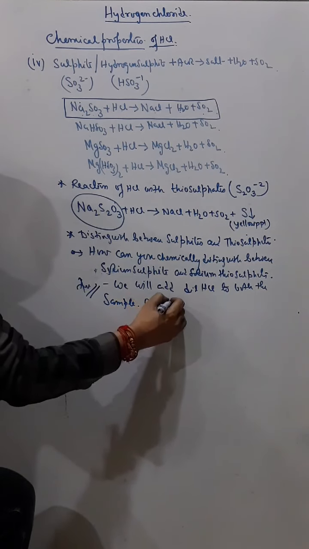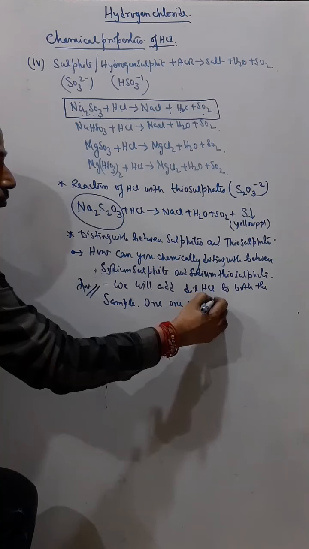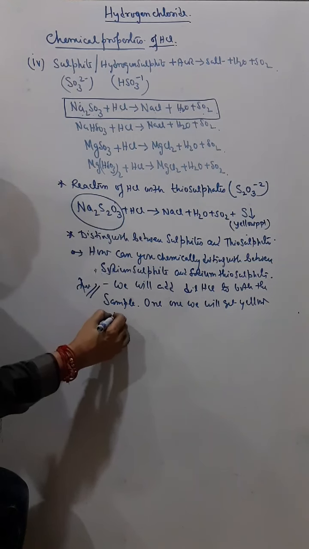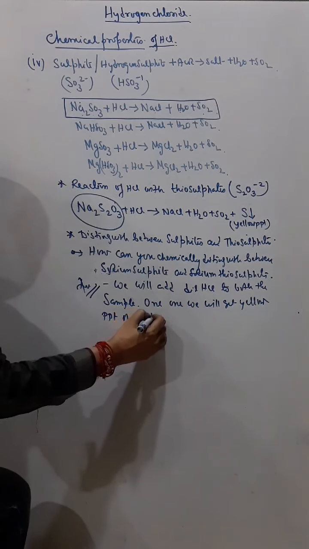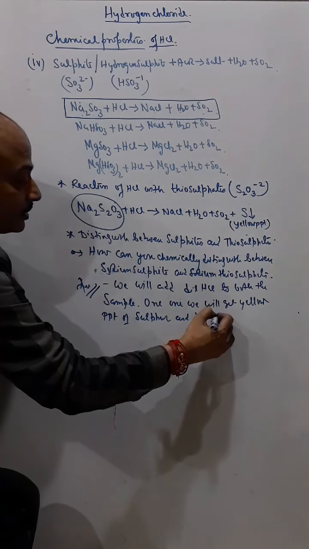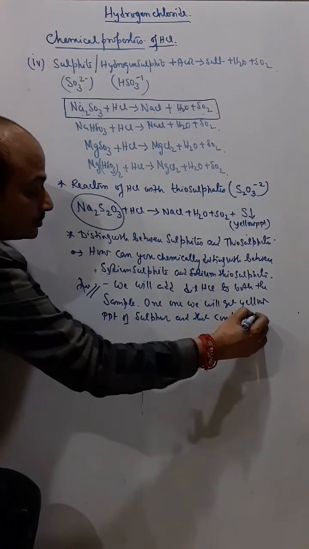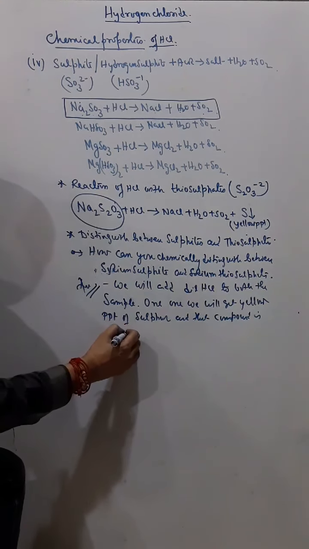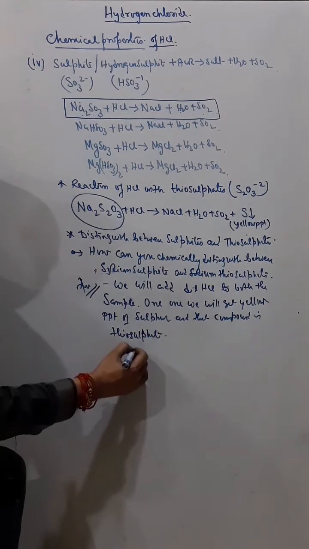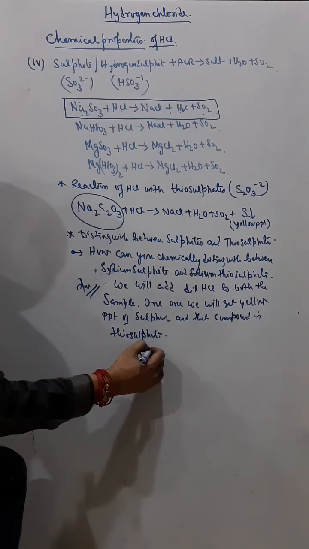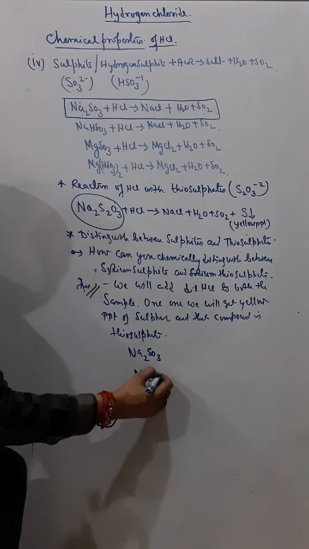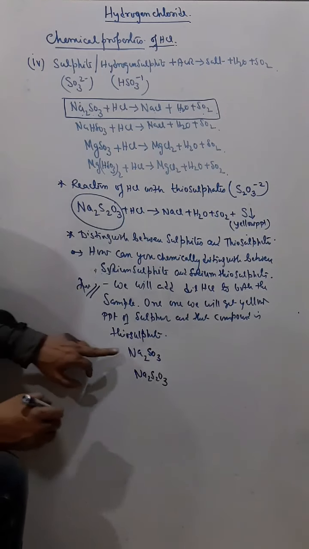On one sample, we will get yellow precipitate of sulfur, and that compound is thiosulfate, or in fact sodium thiosulfate. So that means we don't know which one is sodium sulfite and which one is sodium thiosulfate, but they told me you have given two samples.